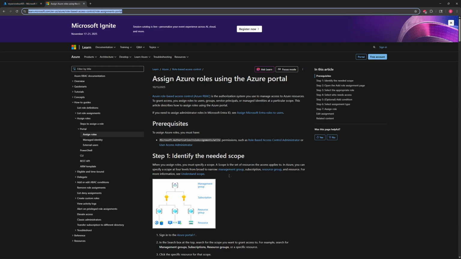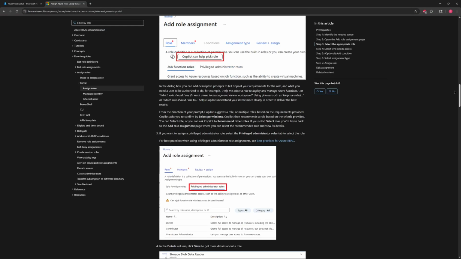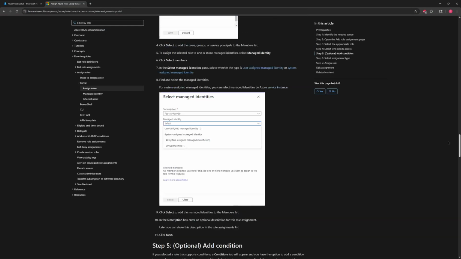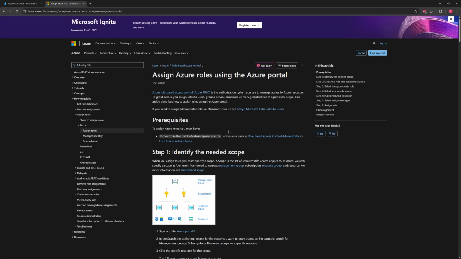It's going to tell you how to assign them, and about how it would be done through the Azure portal and also some other practices. It has some links that you can look through down here. So you can look into other ways about how to do it, assign a user as an administrator, remove an Azure role, troubleshooting. So there are other links here at the bottom that can help you learn.